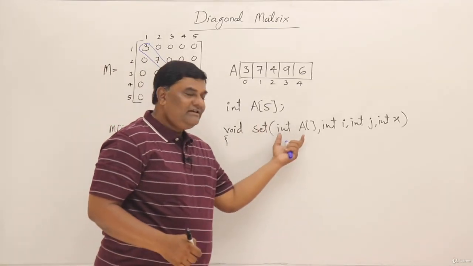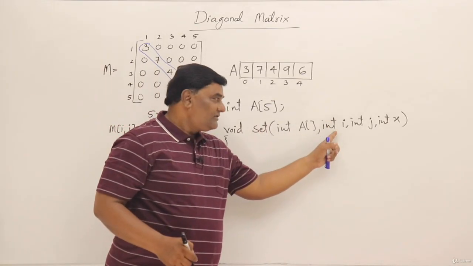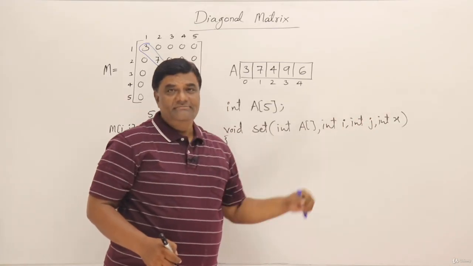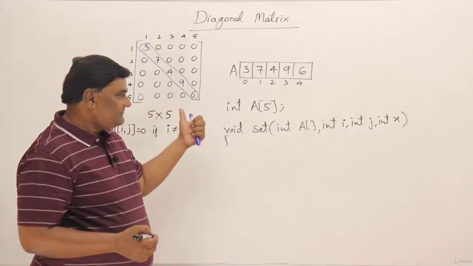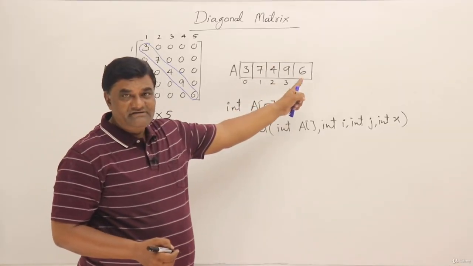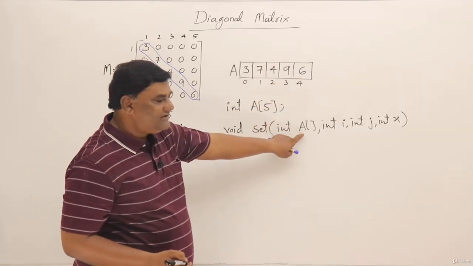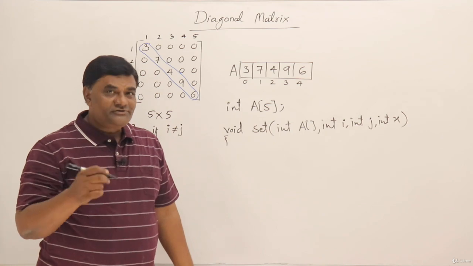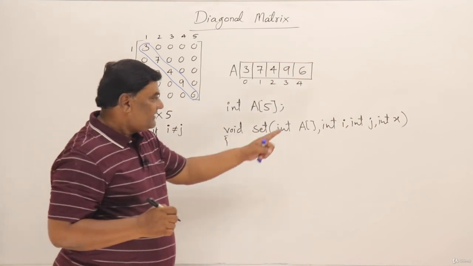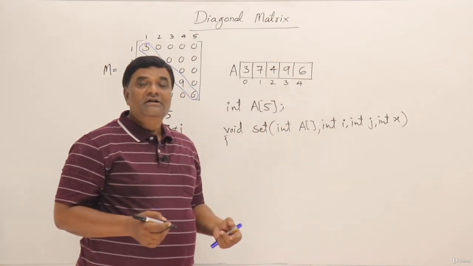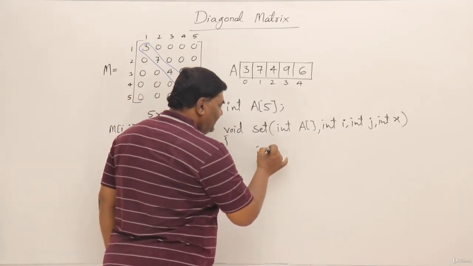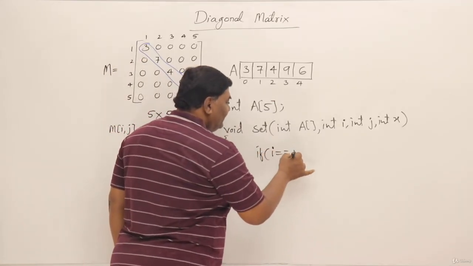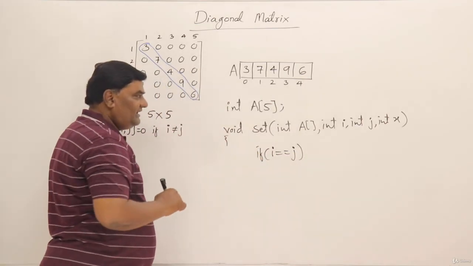So these are the parameters of the function: the array in which you want to store, the row number, the column number, and the element. Now, if I am giving an element for storing, it should be stored in the array that is passed as a parameter. So before storing, first check whether I and j are equal or not. Store only if they are equal. So if I is equal to j, then only the set function will store the element.